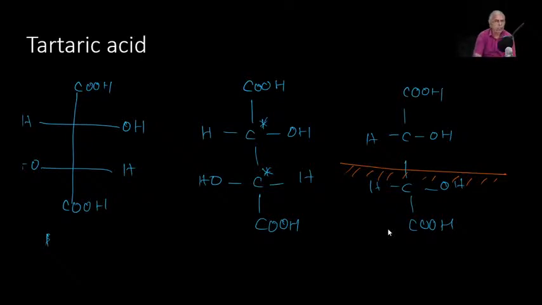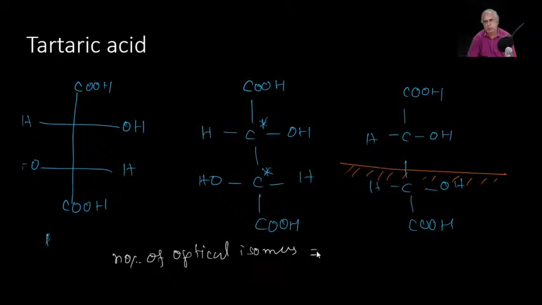If it has n number of asymmetric carbon atoms, it can have 2 power n number of isomers. Okay, so take down the number of optical isomers possible, 2 power n.